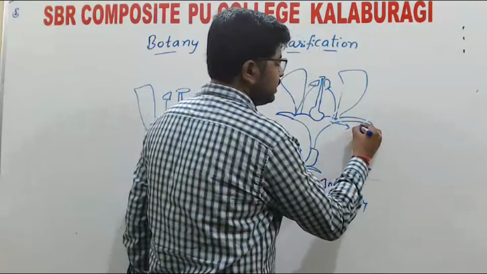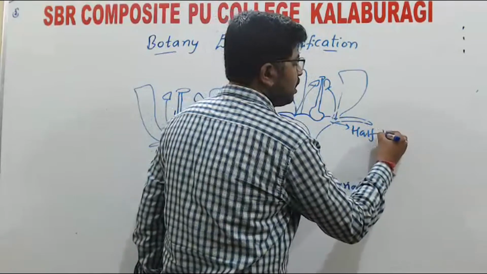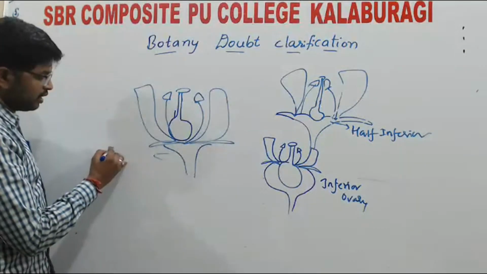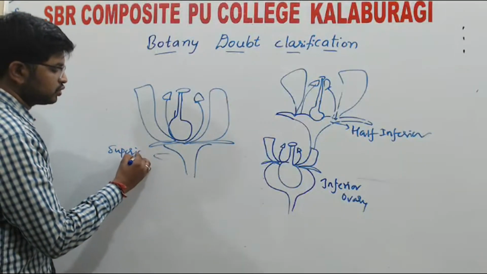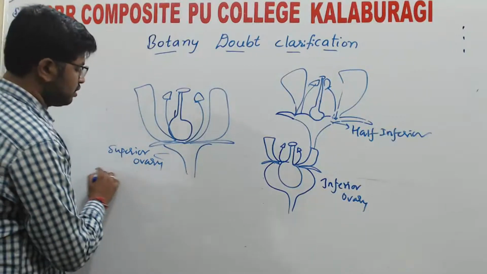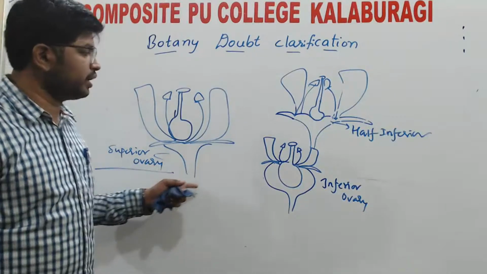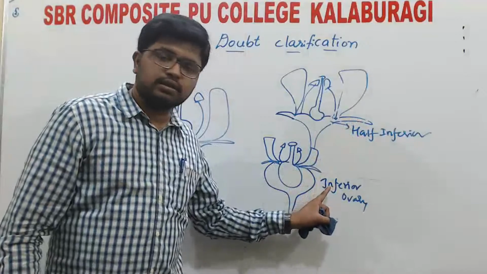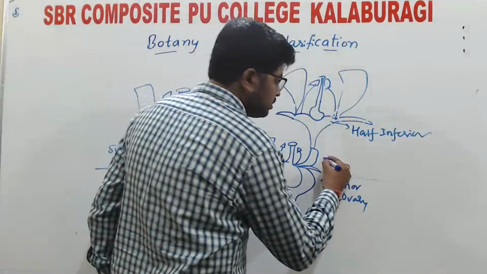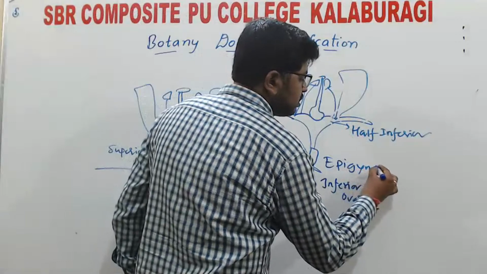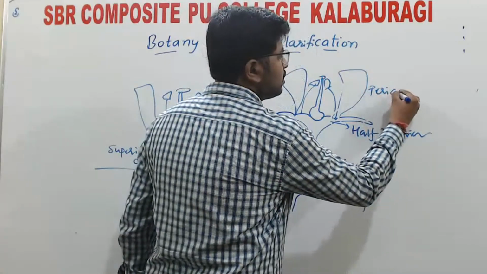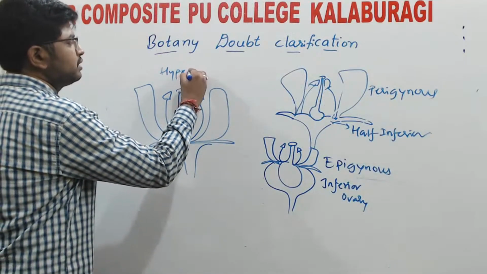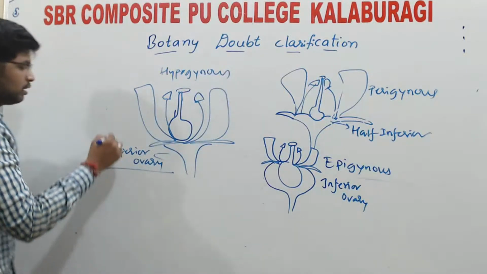This is the half inferior, and this is the superior ovary. Hypogynous, perigynous, and this is epigynous.